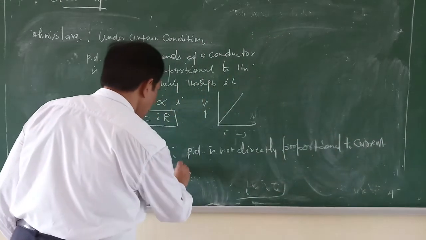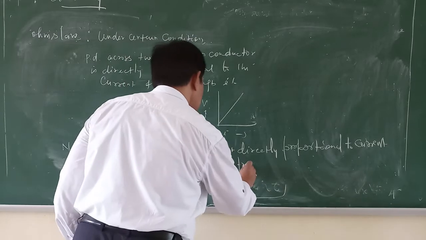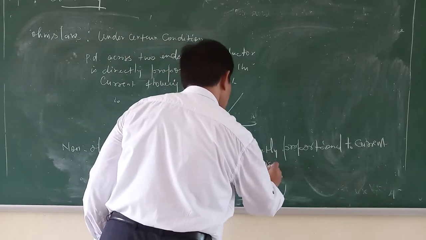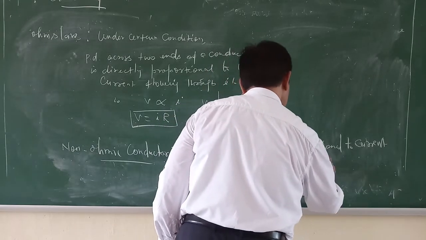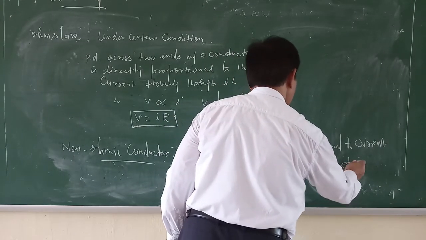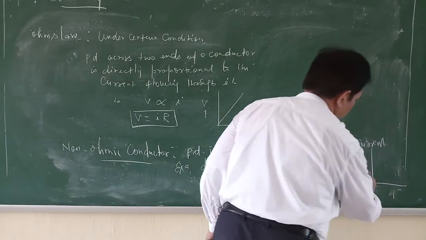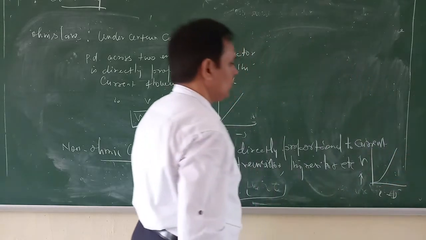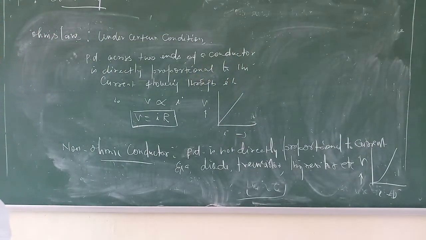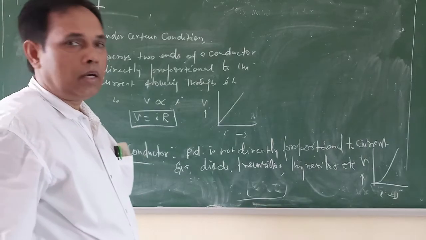For example, diode, transistor, thyristor, etc. They do not obey Ohm's law. If you plot the graph between V and I, the graph will be a curve. It is not directly proportional. So this is called a non-ohmic conductor.